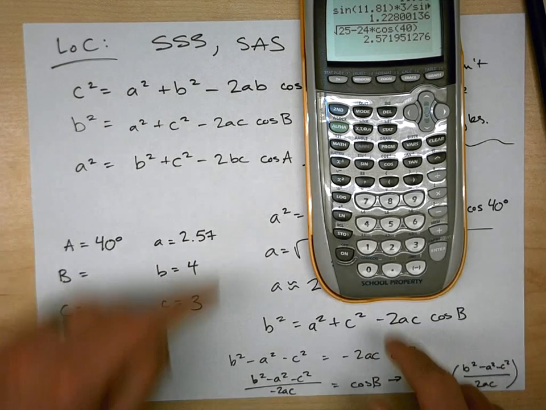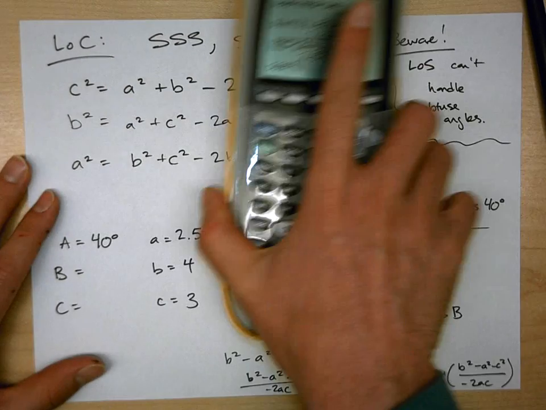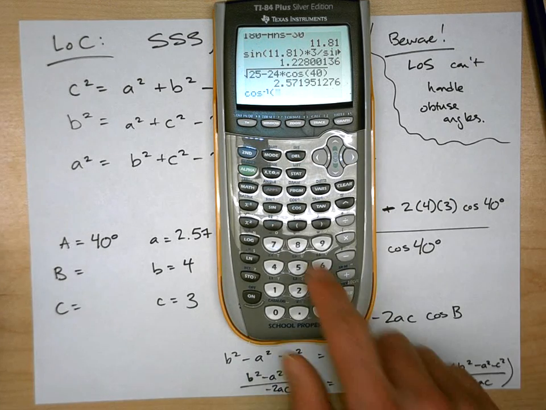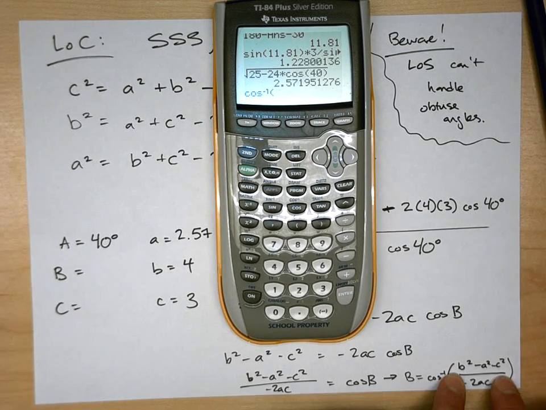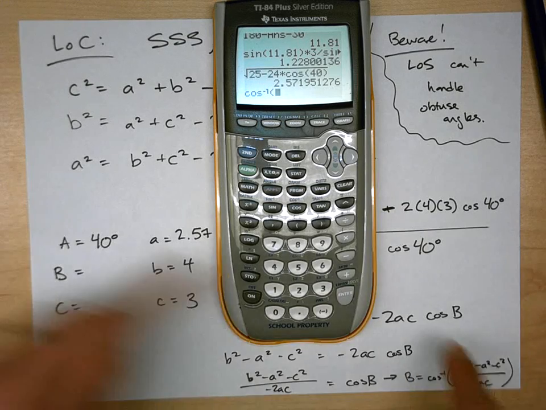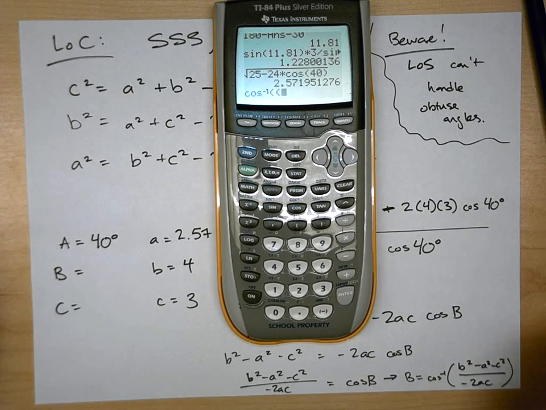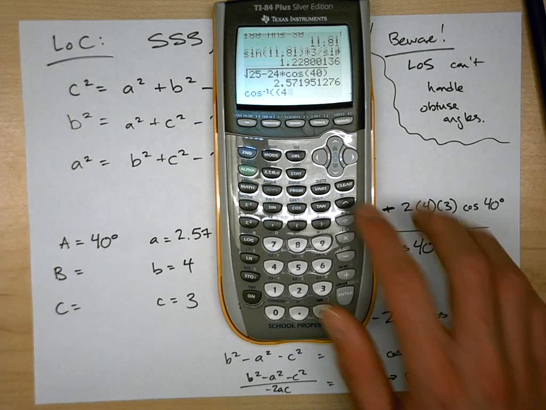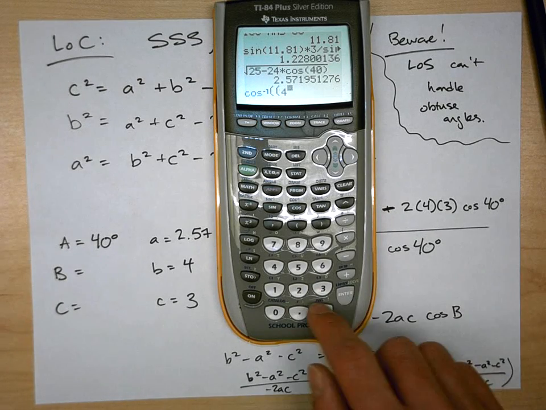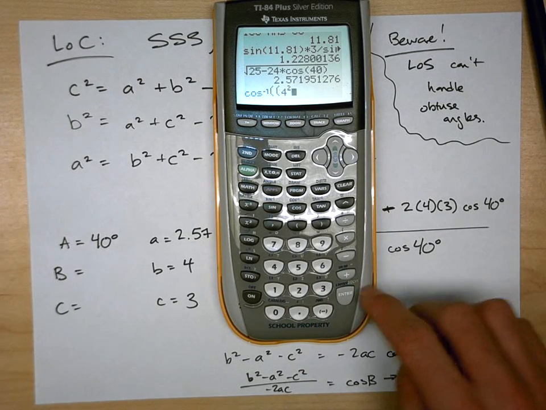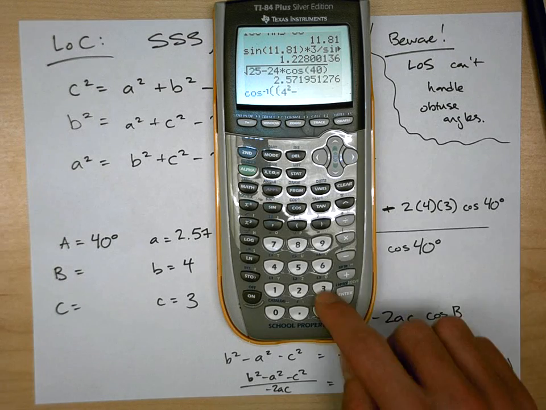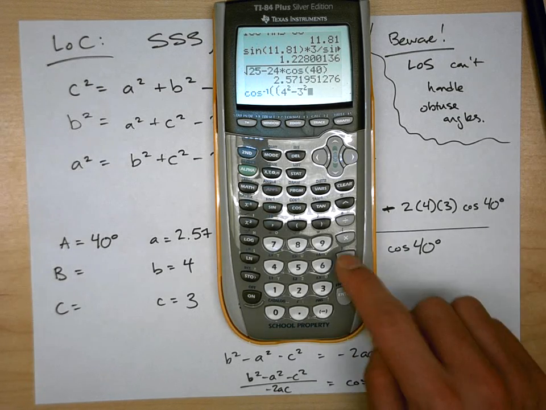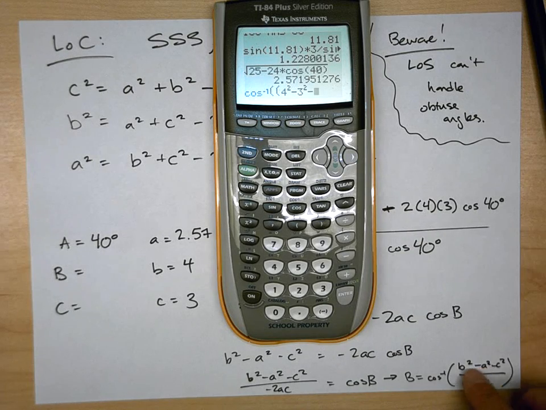This is kind of risky, putting all these things in your calculator at once, but I'll go for it. So we have the inverse cosine of, and notice we have a whole bunch of stuff above this division symbol. You want to be careful with your parentheses. So I'm going to add an extra set of parentheses to make sure that I include everything in this numerator together. So I have 4 squared minus 3 squared minus a squared.